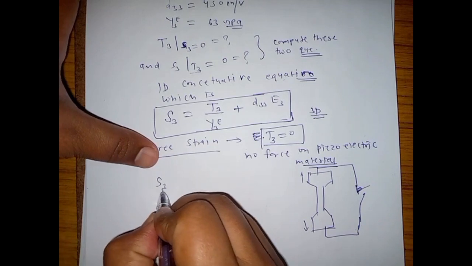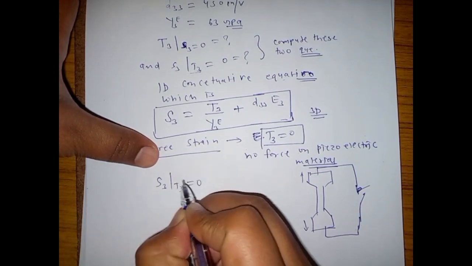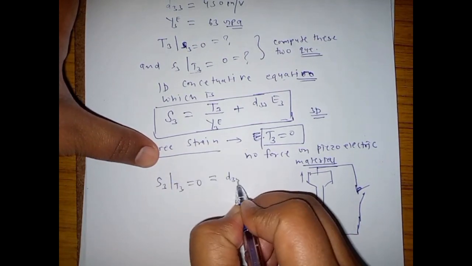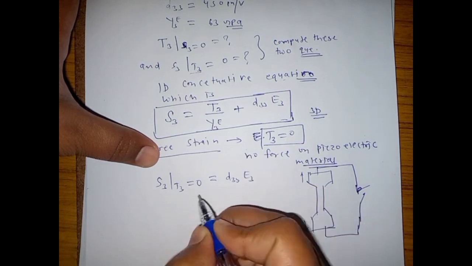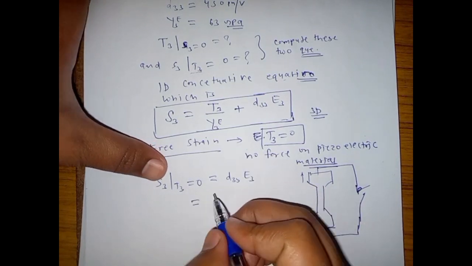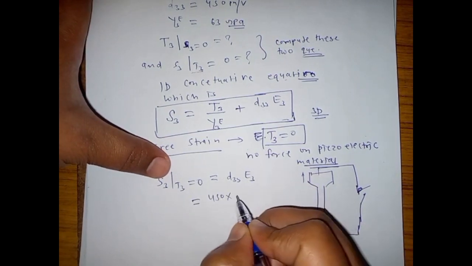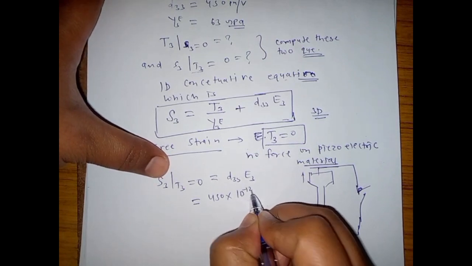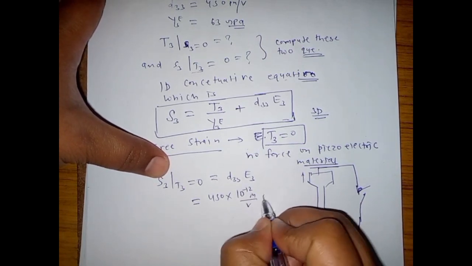So S3 when T3 is equal to 0, that is the free strain, is d33 E3. d33 is given, which is 450 picometer, meaning 450 times 10 to the power minus 12 meter per volt.